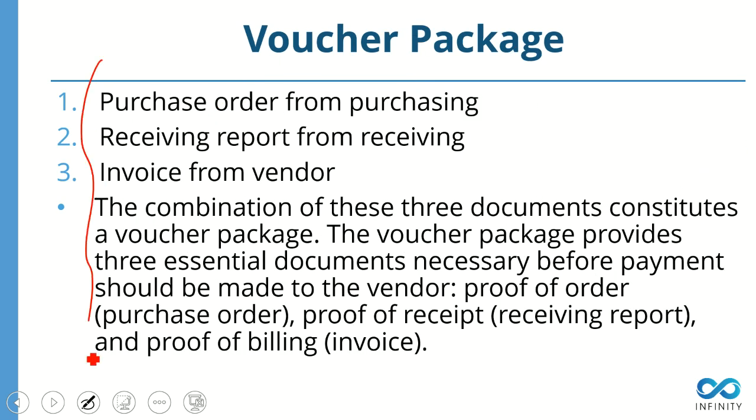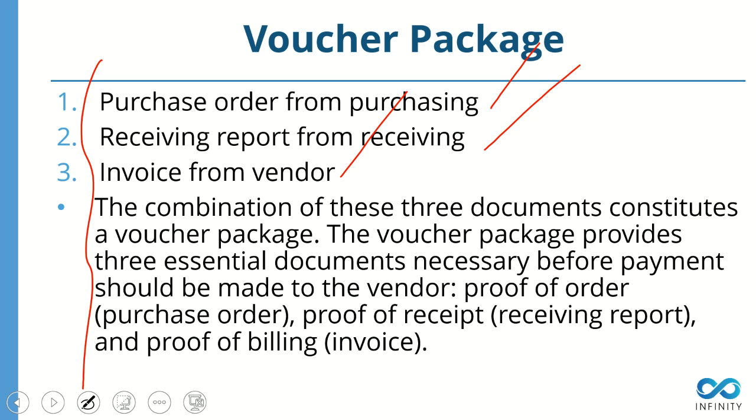And also we have to talk about the voucher package. Before we pay a vendor, normally an accountant has to get a purchase order from the purchasing department. We have a purchase order properly authorized and sent to the vendor, and we have a receiving report to make sure that we received the goods, and we have an invoice from the vendor.